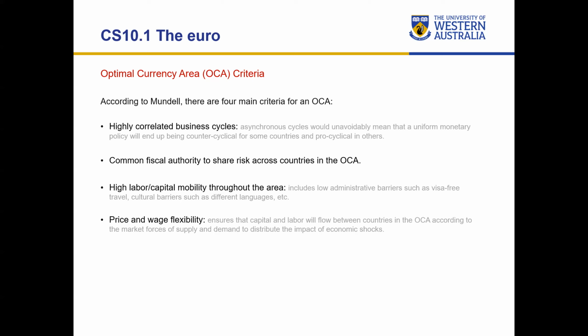Imagine the effect that that would have by having workers move from a country such as Greece that might be in recession to, say, Germany, which might be booming. By moving labour supply and capital supply from Greece to Germany, you're providing the German economy with the additional labour and capital it needs.